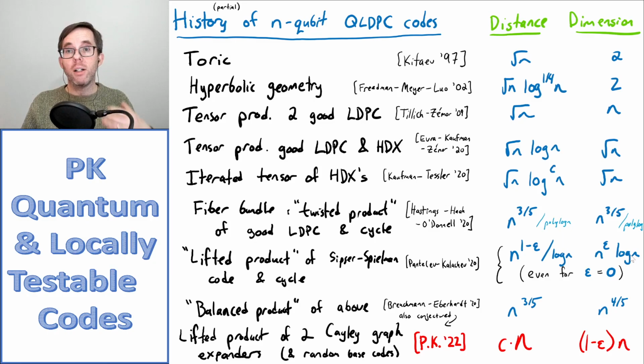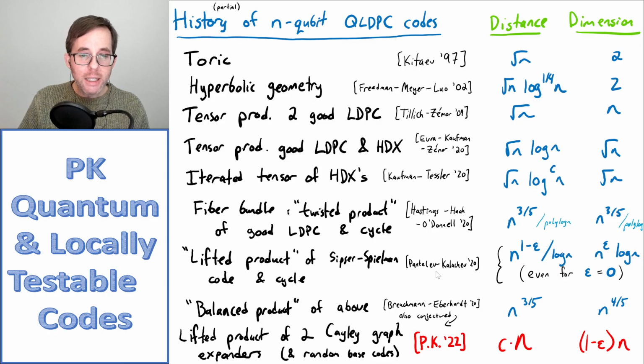So that was pretty awesome because it got almost linear distance, n over log n, and even with growing dimension, log n. Or if you take epsilon to be real close to 0, like 0.1, then you would get distance n to the 0.95 over log n, pretty close to linear, and n to the 0.1 times log n dimension, which is a polynomial dimension. So that was an awesome result, but they had more in store for us.